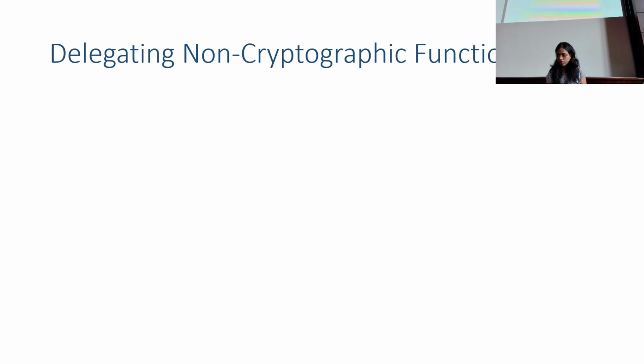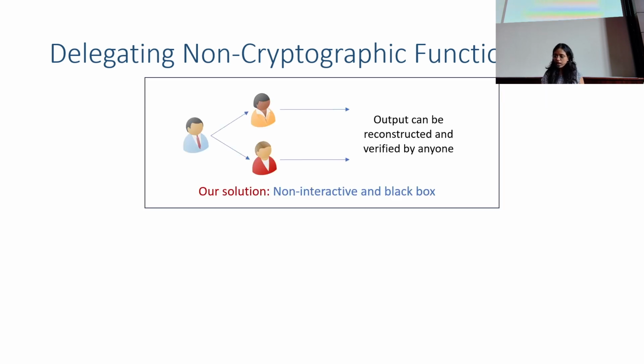In particular, our solution yields the following interaction pattern, where a client can first send some information to the servers who do some computation, and whatever computation they do can then be publicly reconstructed and verified. The client does not need to come back online or intervene here. So what our solution yields is a truly non-interactive and black box approach for private and verifiable delegation of computation.